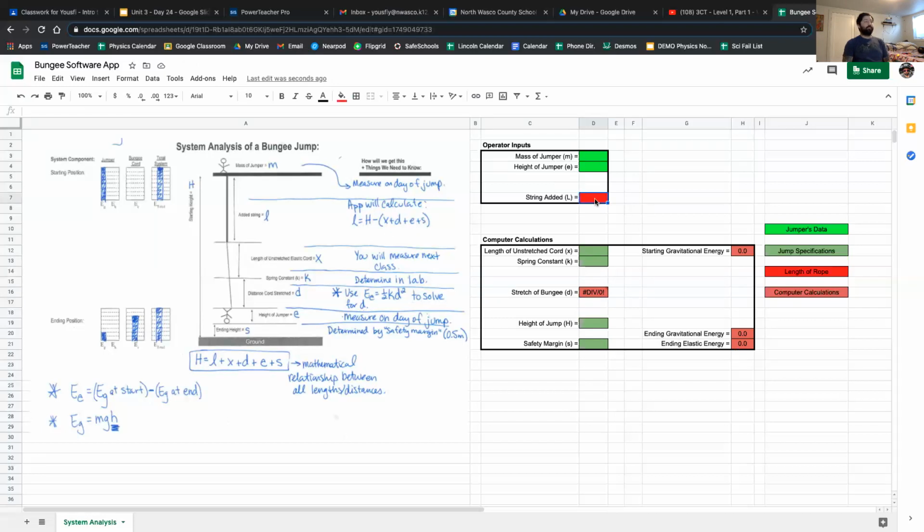So this length right here, we're going to set this equal to our starting height minus our unstretched bungee cord, which is this one here, minus our distance stretched, which we just calculated here, minus the height of the jumper, which is this cell here, minus our ending height of the safety margin, which is this one here.